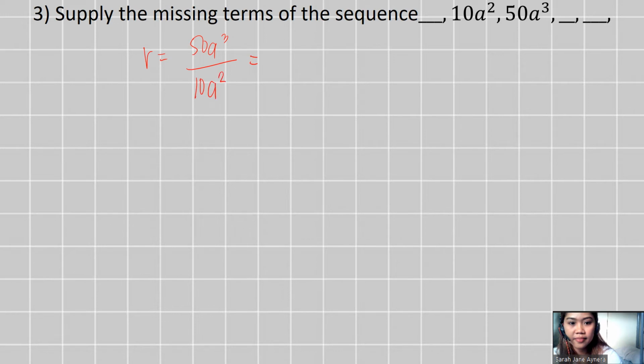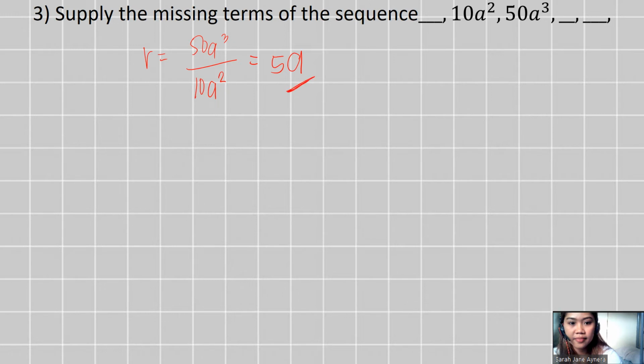So, we'll just simply divide the numerical coefficients 50 and 10. So, 50 divided by 10 is equal to 5. And dividing the variable, we simply copy the base and subtract the exponent. So, 3 minus 2 is 1. 5a raised to 1, or simply 5a. So, the common ratio is 5a.